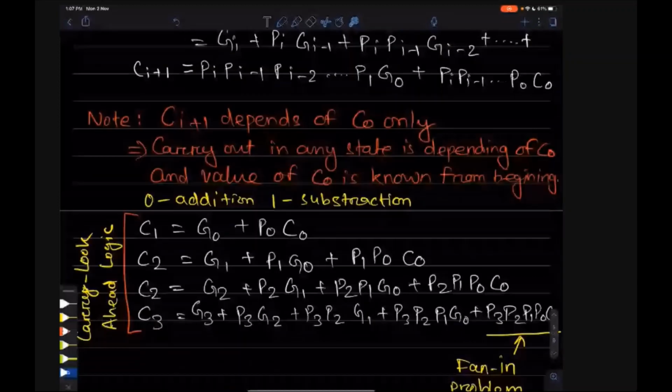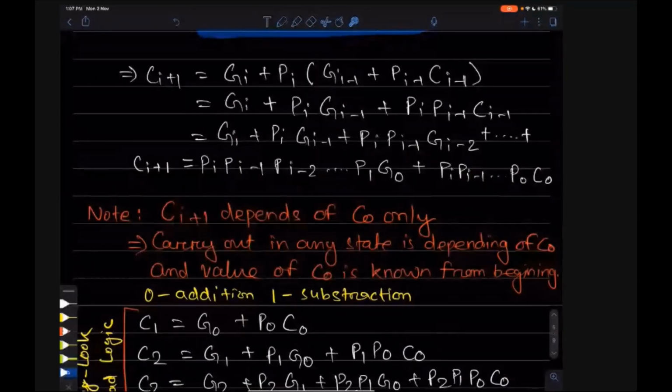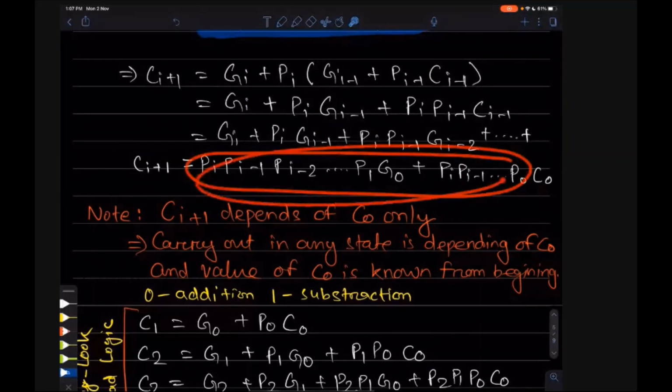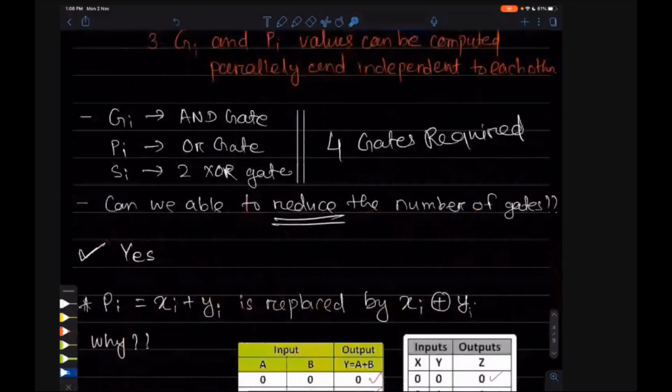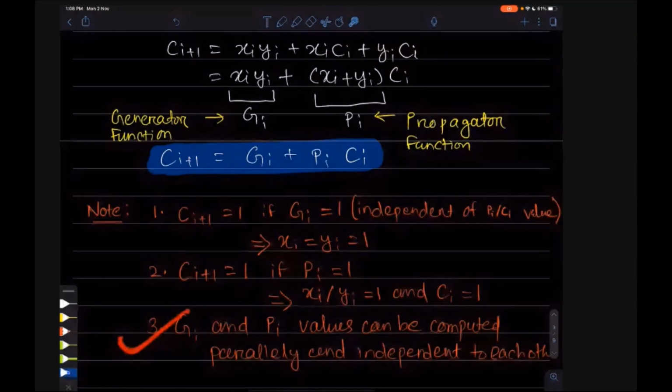Any doubt after this? The takeaway is that any c value, ci plus 1, can be calculated based on the c0 value, and all these pi and gi values, p1, g0 and so on, can be calculated parallelly. That note we have already written, note number 3.